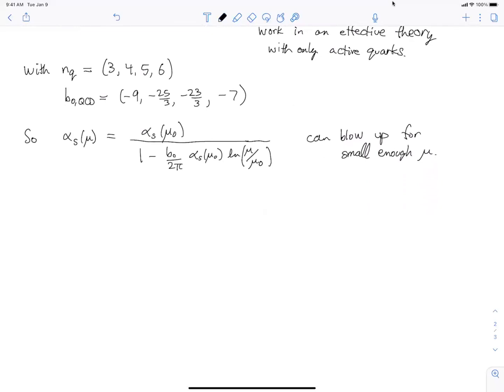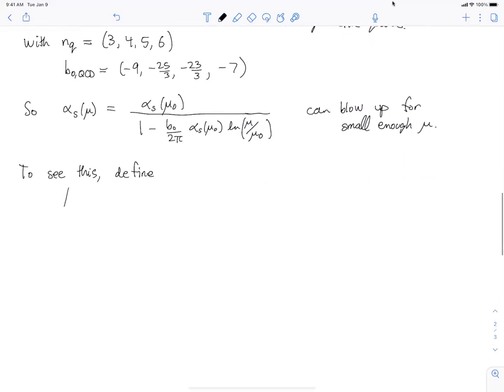So there's a nice way of rewriting the equation to see how that goes. So to see this, we can define what's called Lambda QCD in the following way. Lambda QCD is mu0.